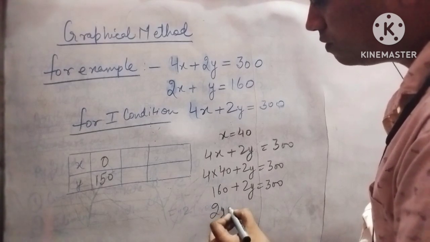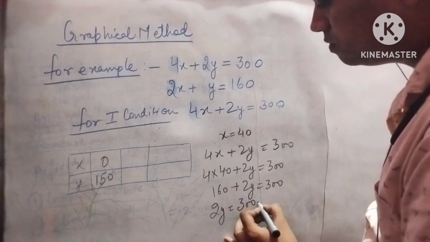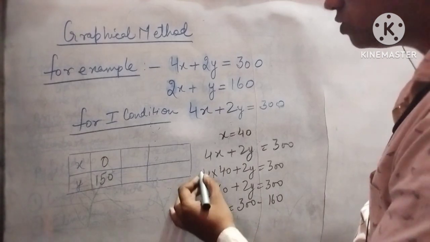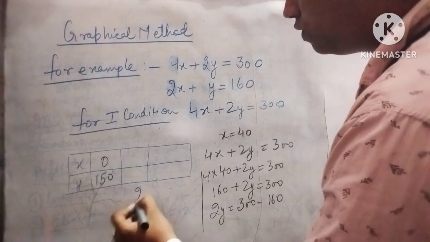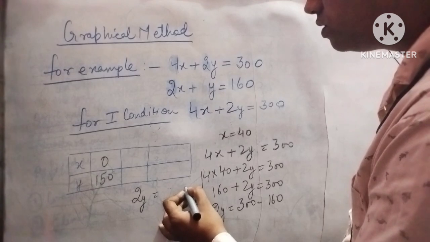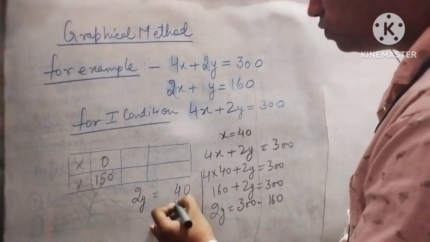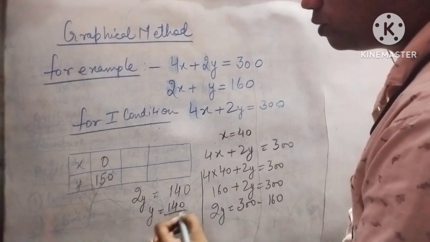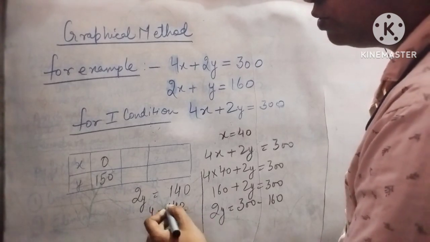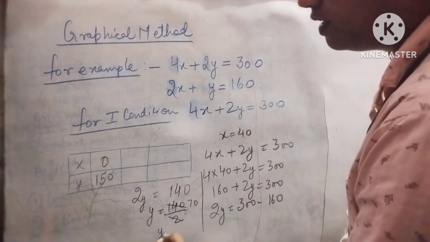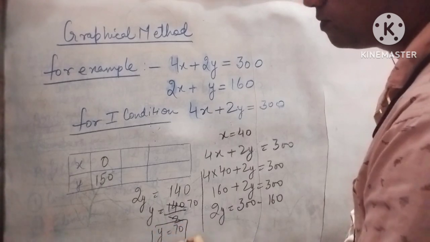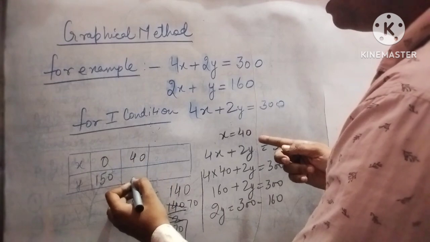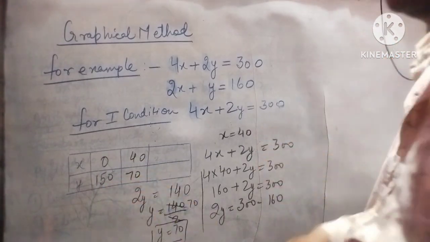Then 2y equals to 300 minus 160. So I am solving here. So 2y equals to 140, and y equals to 140 upon 2. So 2 sevens are 14. So y is 70. So if we are taking the value of x as 40, what we are getting the value of y? Y is 70.